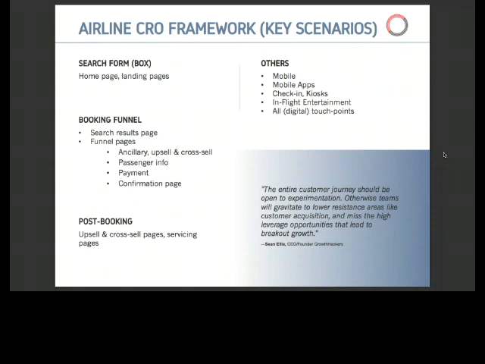All airlines still have the search form as the main way to search for flights and offers, although lately voice is coming with rapid speed, so this will change in the future. But still, this is the basic scenario. You need to have people search for your offer. Then the key part of e-commerce is the booking funnel, and all the pages and steps in between within this booking funnel customer journey.